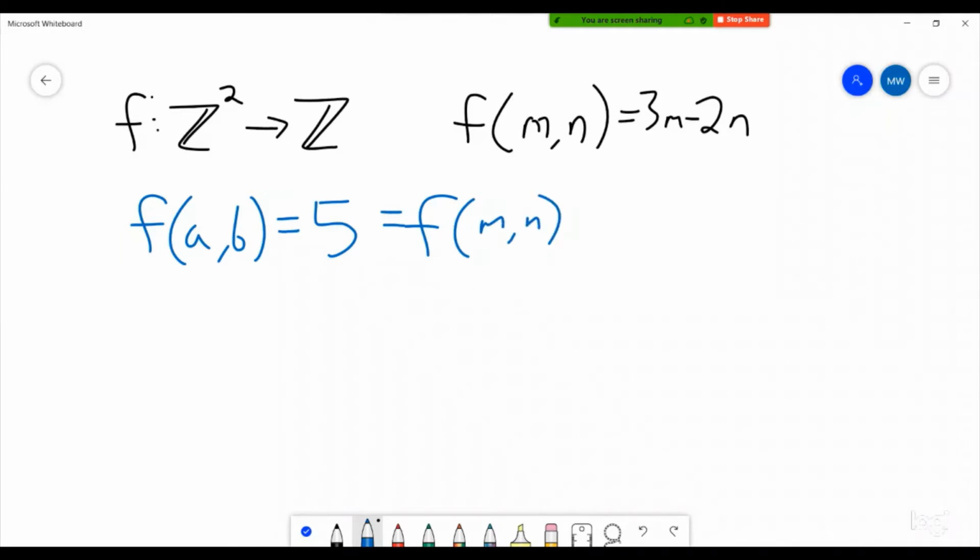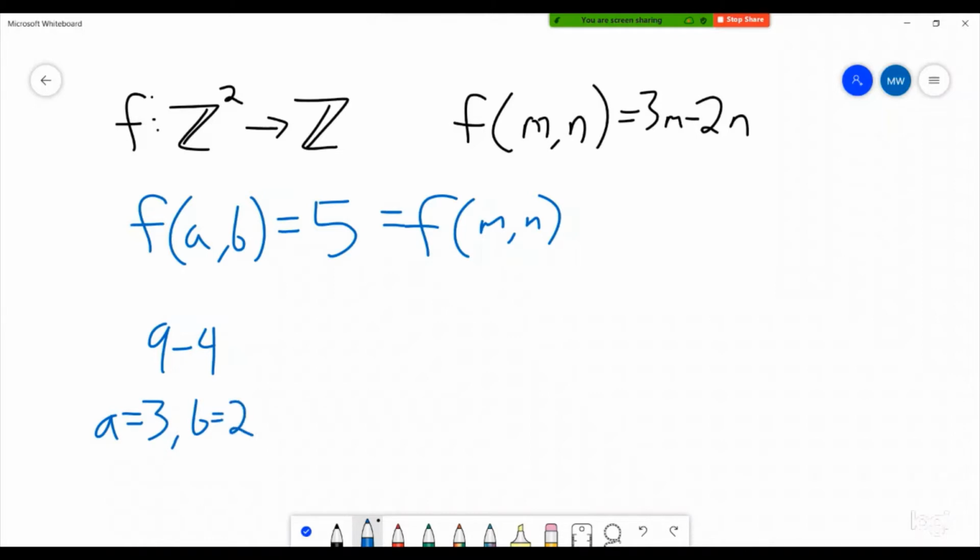Is there only one way to get 5 out from this particular problem? Well, let's see if we can come up with one way to get 5. One way is to have 9 minus 4, so on this side, where this is a, that would be where a equals 3 and b equals 2.